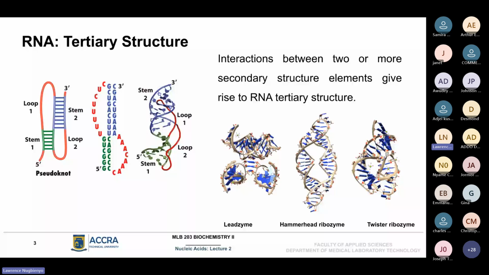Many of them are what we refer to as ribozymes. So ribozymes are catalytic RNAs. In other words, these are RNAs that act as enzymes, so they catalyze some chemical reactions.